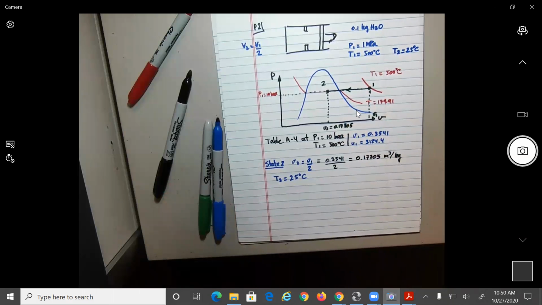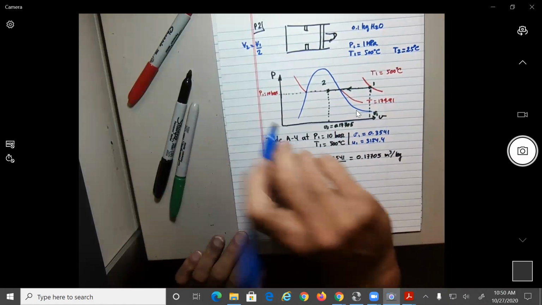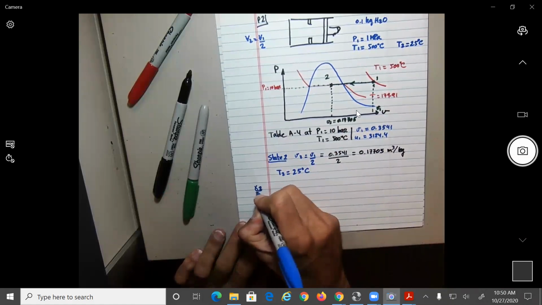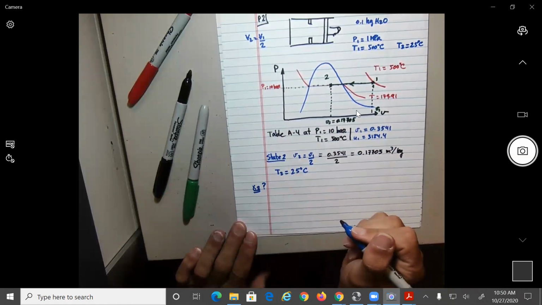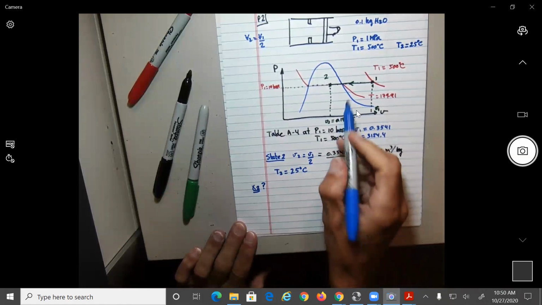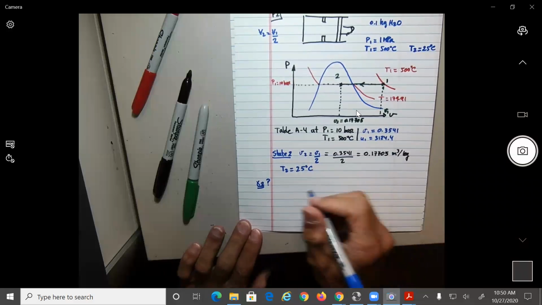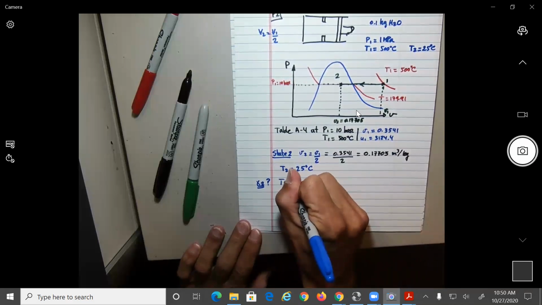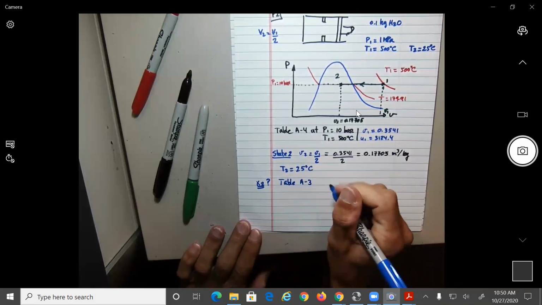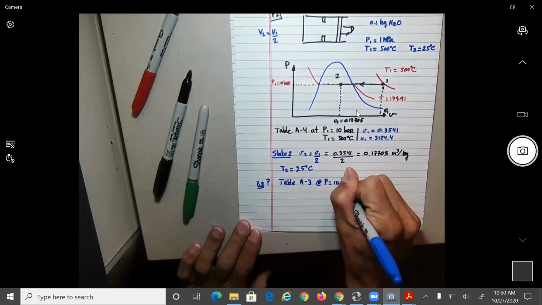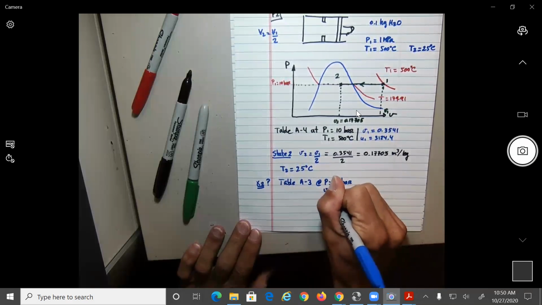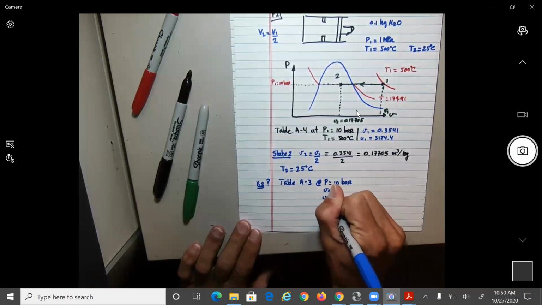Since we are in the mixture area, we need to find the quality factor, meaning that we need to find X2. So what should the quality factor be? From table A3, at P equals 10 bars, we get V gas and V fluid.